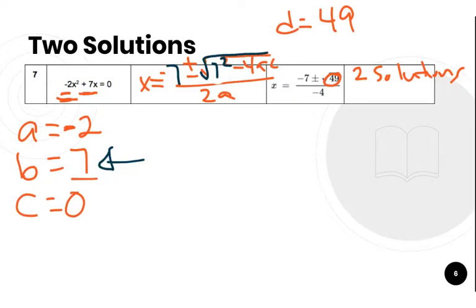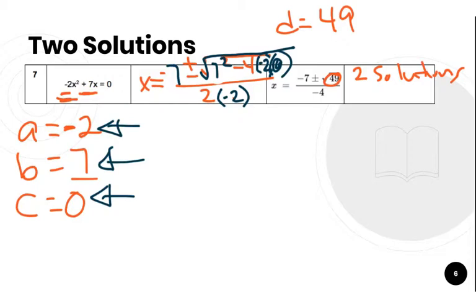All right. Now every time I see an a, I'm going to replace it with a negative 2. And my C is right here, and I am going to replace that with a 0, and just keep that square root. Oops, that is a horrible looking 0.